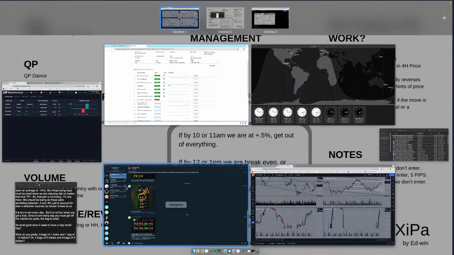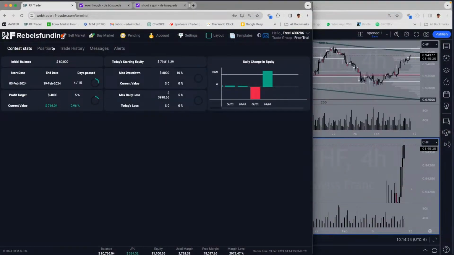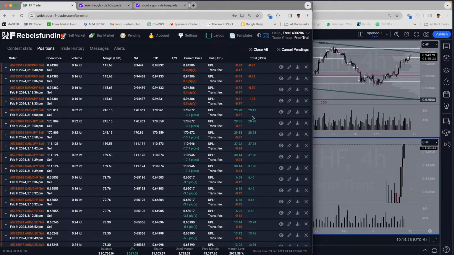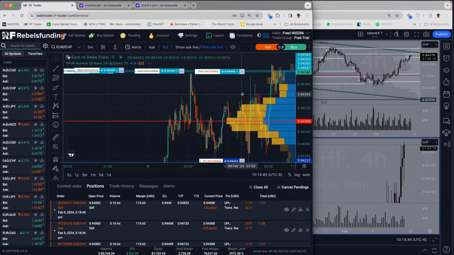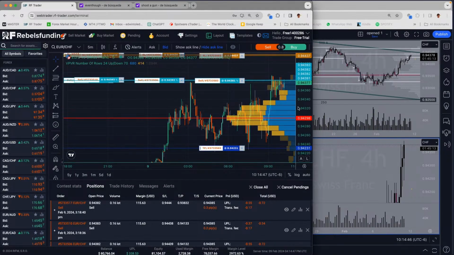We're selling, we're trading Euro CHF. That sucks. It's going up, just going up to that trade line. It's right there at our entry.